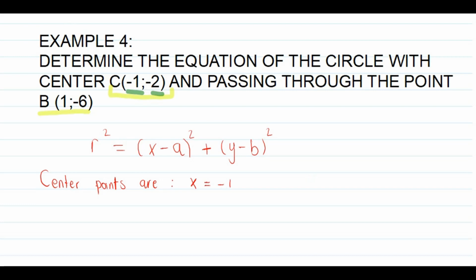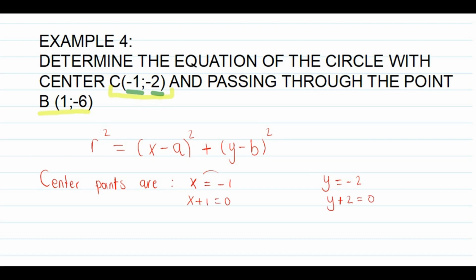We just need the x and y on the left hand side, so transposing, we have x plus 1 equal to 0, and y plus 2 equal to 0. We're going to put that into our equation.